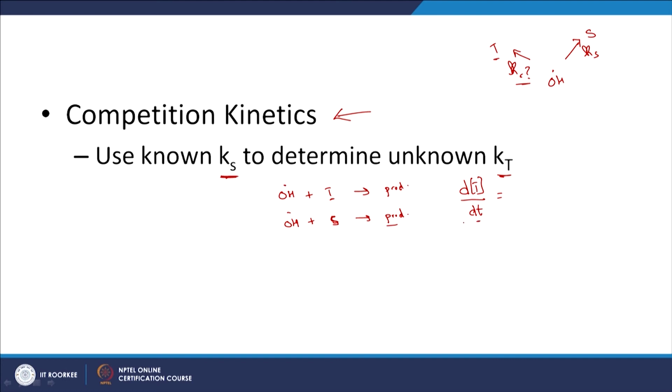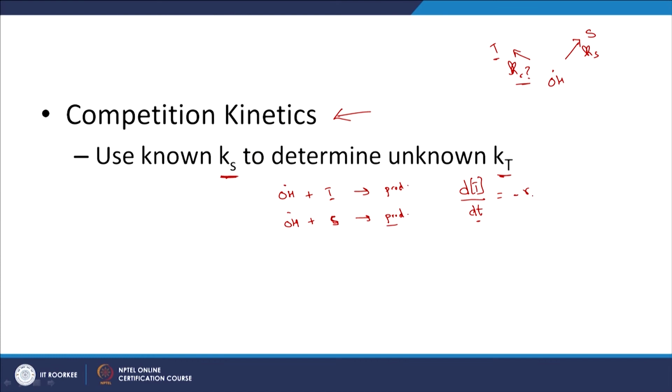Here we see that it is not being produced, it is only being lost. So it is going to be equal to minus the rate of this particular target reaction, and that is equal to minus the rate constant K_T times the OH radical times the target concentration.